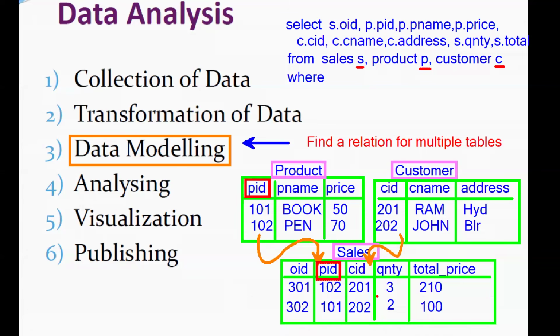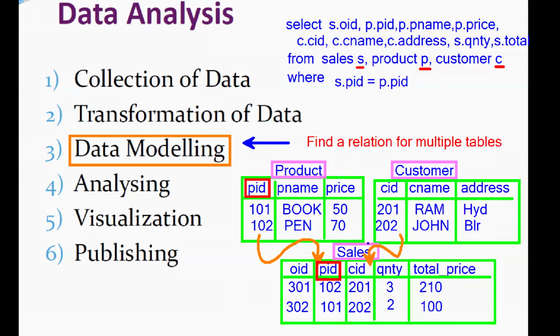What is the join condition? I want to join two tables here. A simple question, see: where S dot product ID is equal to P dot product ID.